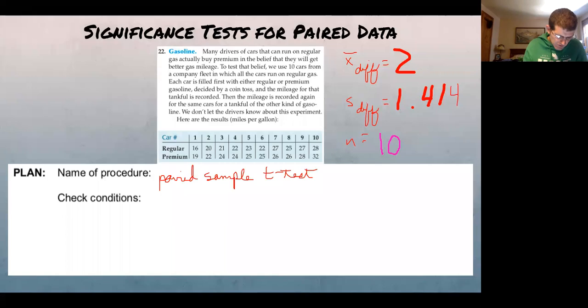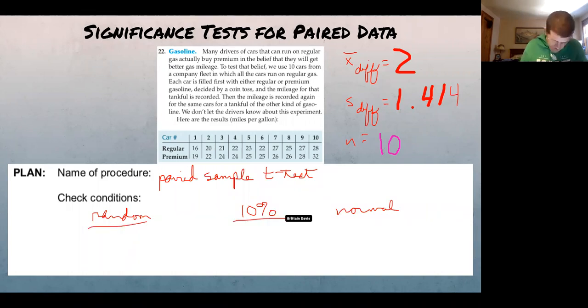The conditions: random, 10%, and normal. So the random here means, can this be generalized?